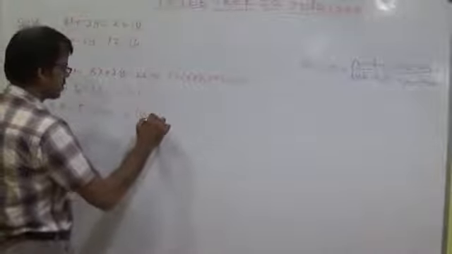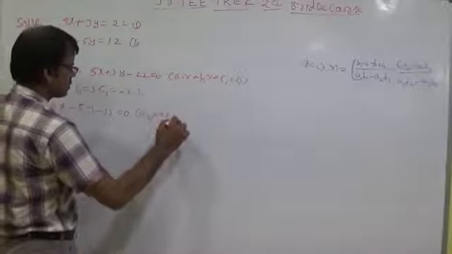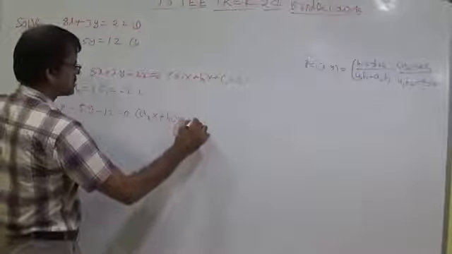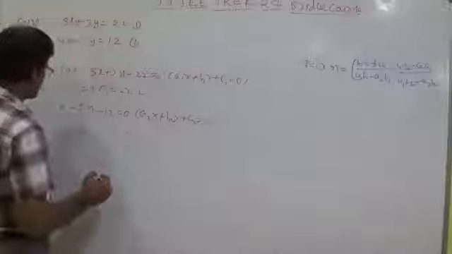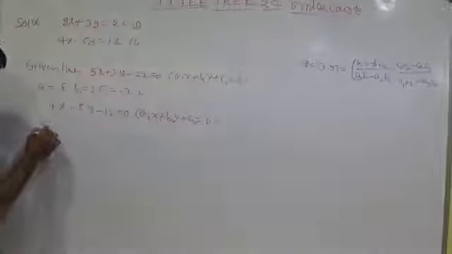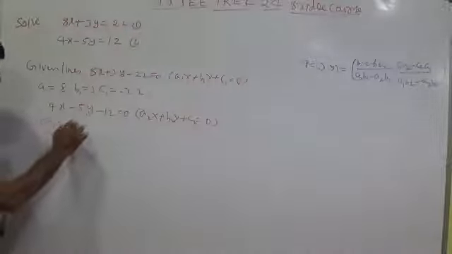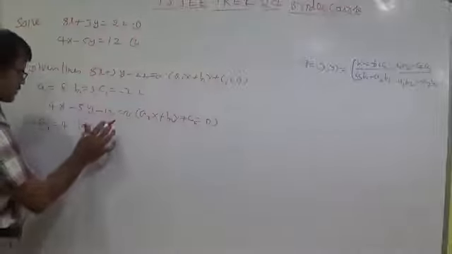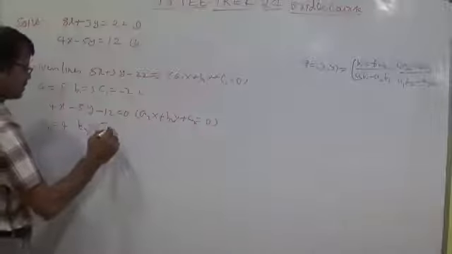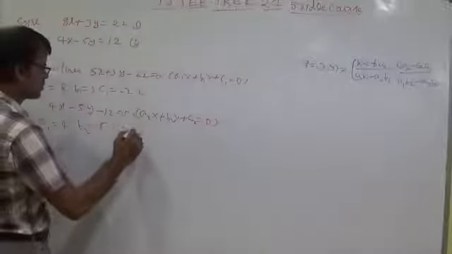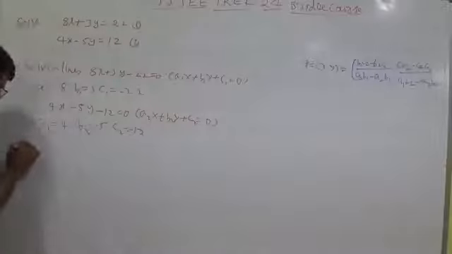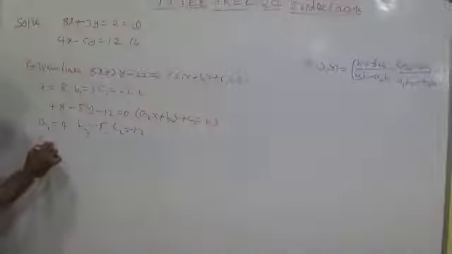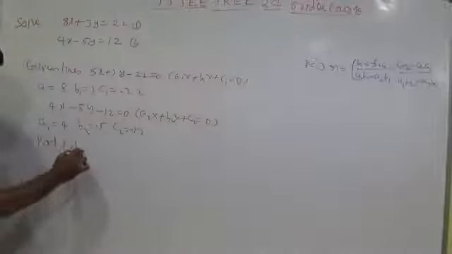This is of the form a2x plus b2y plus c2 equal to 0. Now a2 equal to 4, b2 equal to minus 5, c2 is equal to minus 12. Therefore, now we should calculate the point of intersection.